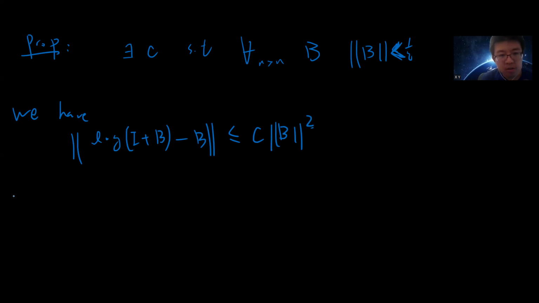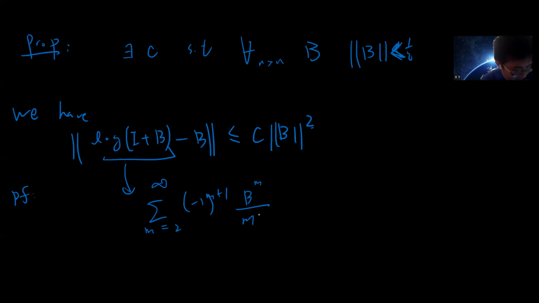Okay, so the proof is trivial, right? I can just write log(I plus B), use the Taylor expansion, and then minus B. A simple computation will give you the sum of (-1)^(m+1) B^m over m.